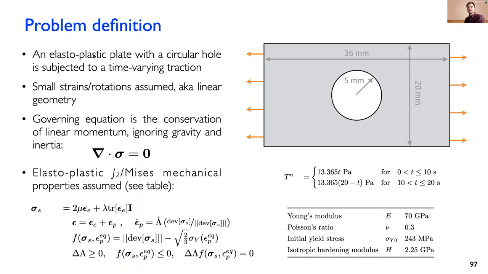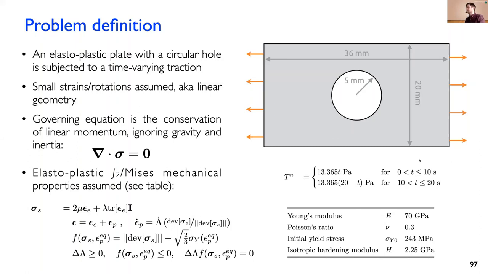That means the plate can elastically deform like an ideal solid, which lets it spring back, but once the stress gets to a critical value, permanent deformations will occur. We're going to assume small strains, and we're going to ignore inertia and gravity. So our governing equation is just the sum of surface forces equals 0 for each cell. This is the constitutive law, J2 means plasticity, but this slide really is for reference. It's not a great slide for presenting.